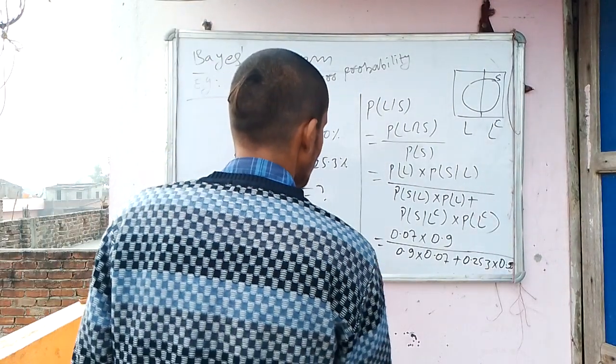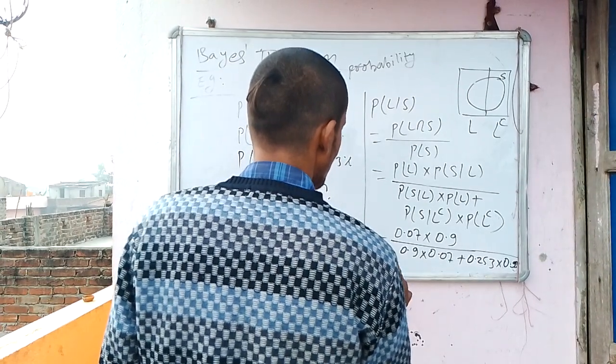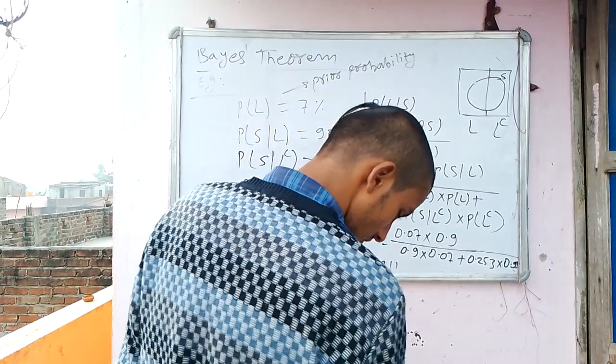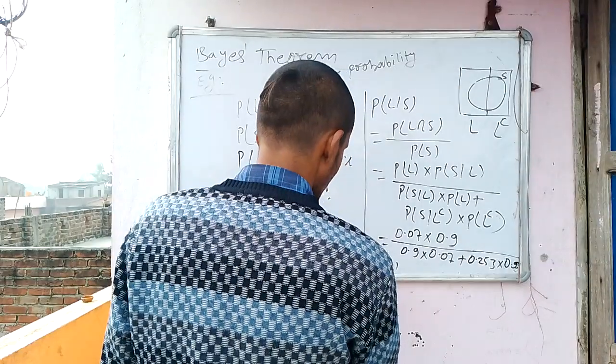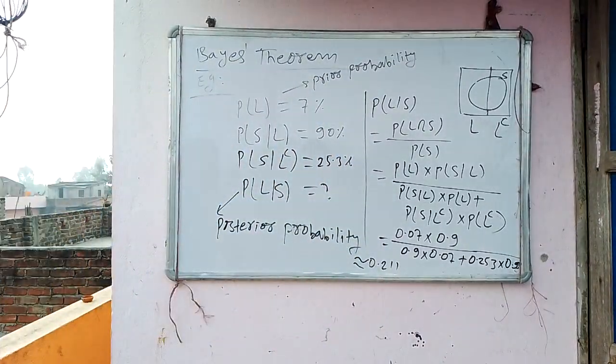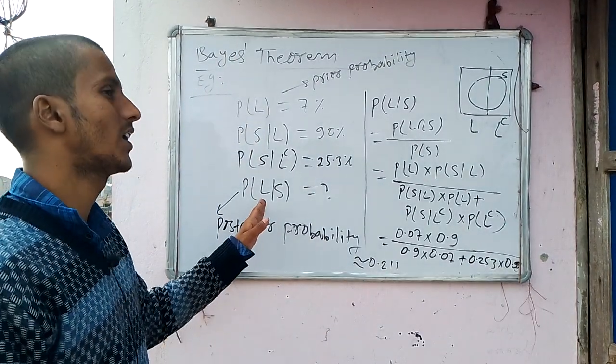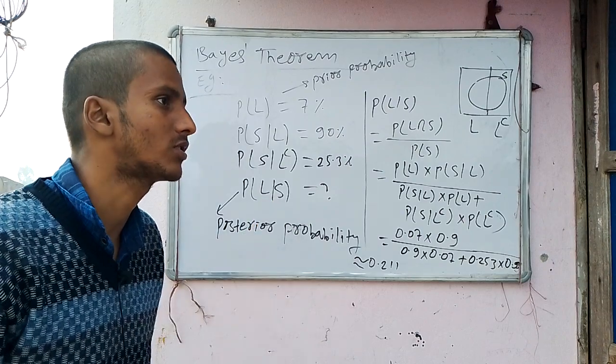I just checked it in the calculator, and it is approximately 0.211. It means there is a 21.1% chance that they have lung disease if they smoke.